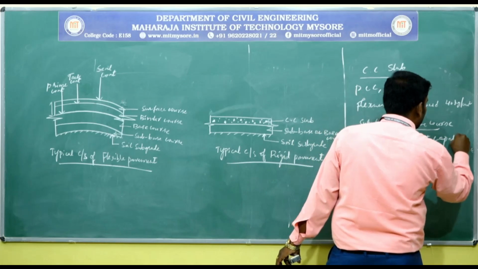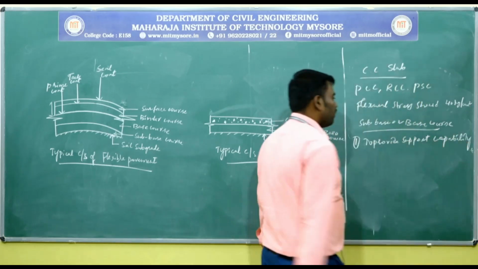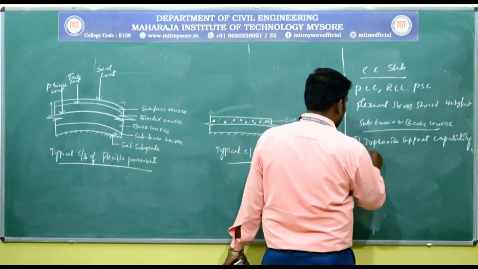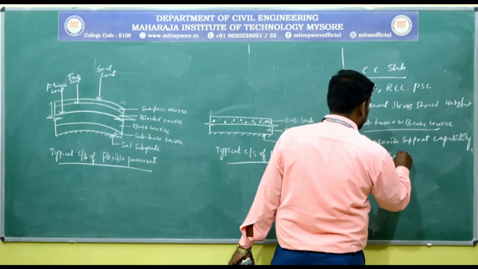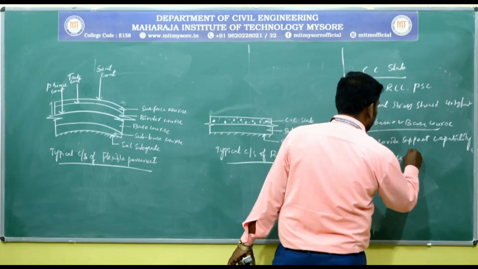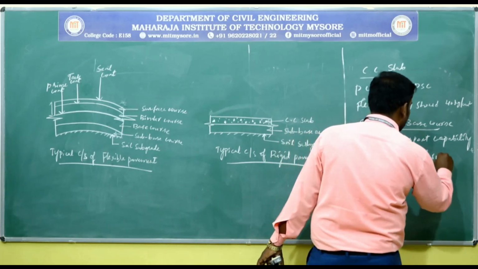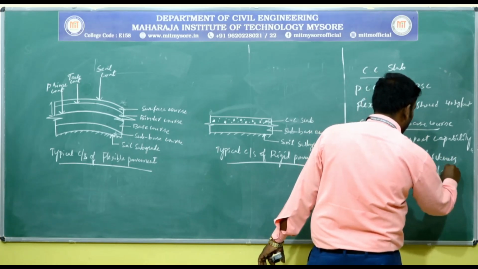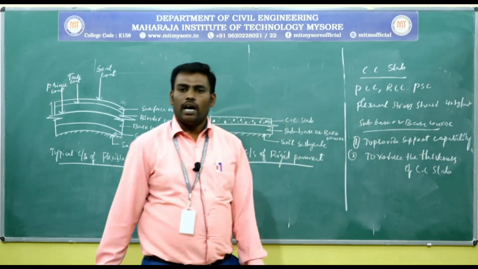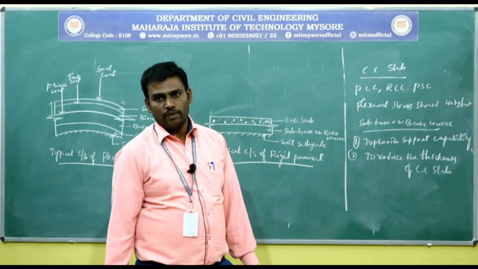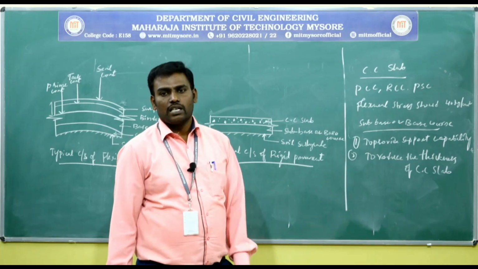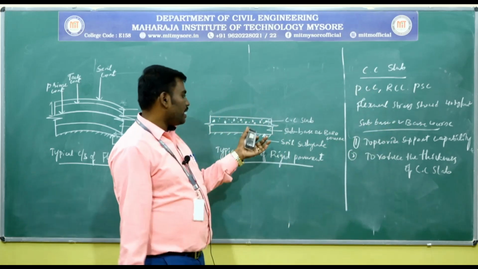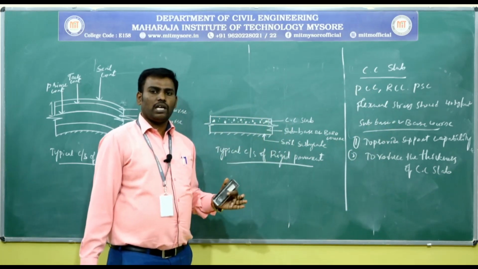Okay, and the second one is to reduce the thickness of the CC slab, and thereby we can save the cost of construction also. There will be less cost of construction. To reduce the CC slab thickness, they are going to provide the subbase course or base course above the natural soil subgrade.